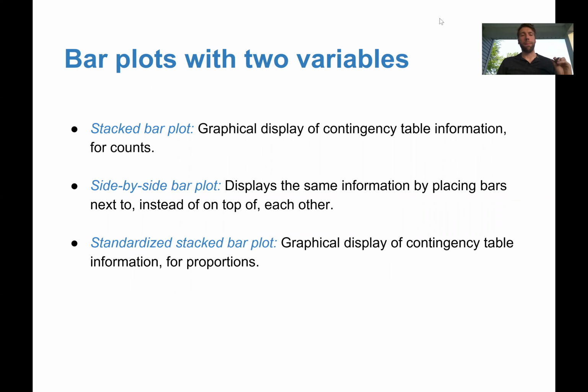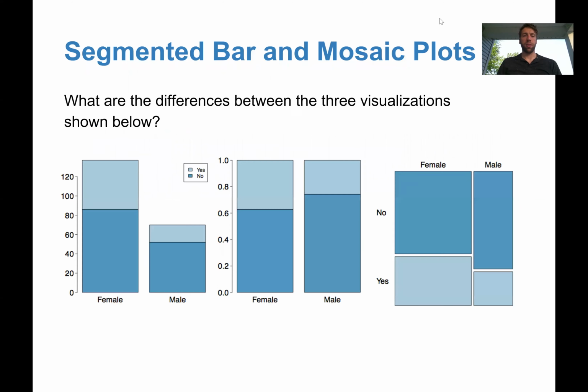So, bar plots with two variables. When you have two variables, you can do different things. You can stack the bar plots, you can do a side-by-side bar plot, or you can do a standardized stacked bar plot. I'll show you what those mean in a second.